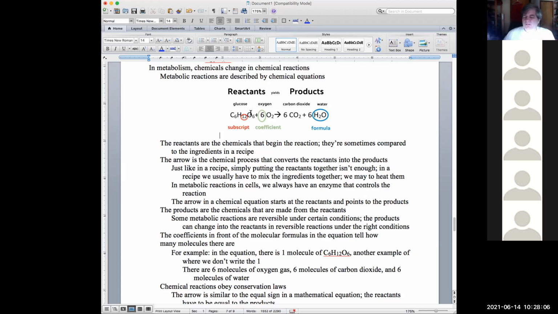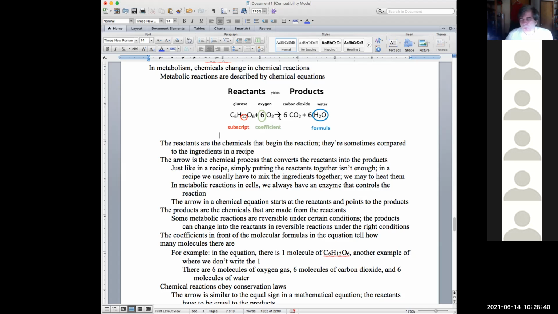So there's a total of 6 from glucose, plus 12 from the oxygen. So there's 6 plus 12, there's 18 oxygen in our reactants. If we look at our products, there's 6 times 2 oxygens in carbon dioxide, so there's 12 there, and there's 6 times 1 oxygen in water. So there are also 18 atoms of oxygen in the products.